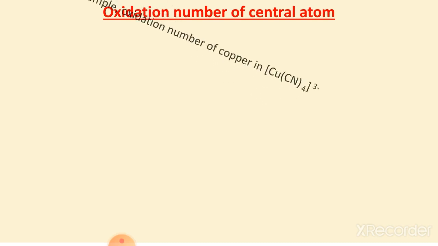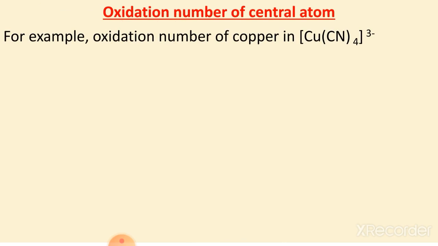For example, the oxidation number of copper in [Cu(CN)4]³⁻ is +1 and it is written as copper, in parentheses, the oxidation number of copper in Roman numeral, that is I. So like this you can write the oxidation number of the central atom.